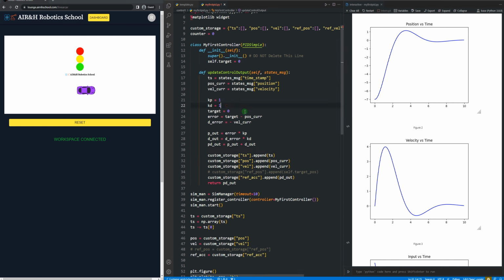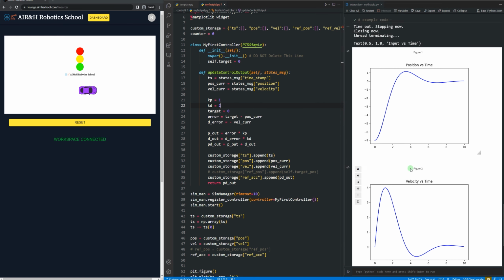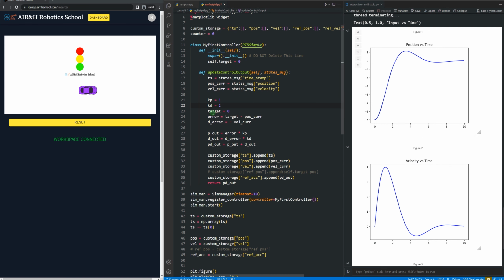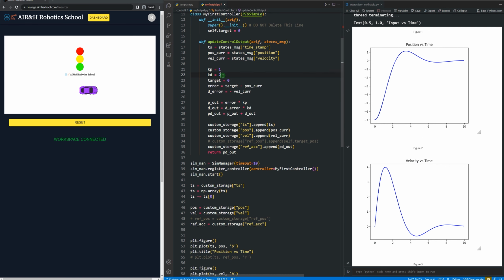Well, simply, I'm going to change this kd to number 2. So it's all proportional gain. It's just like a random constant that you need to adjust to literally adjust the behavior of your entire system. So I'm going to make it 2 as kd. I'm going to run this again.